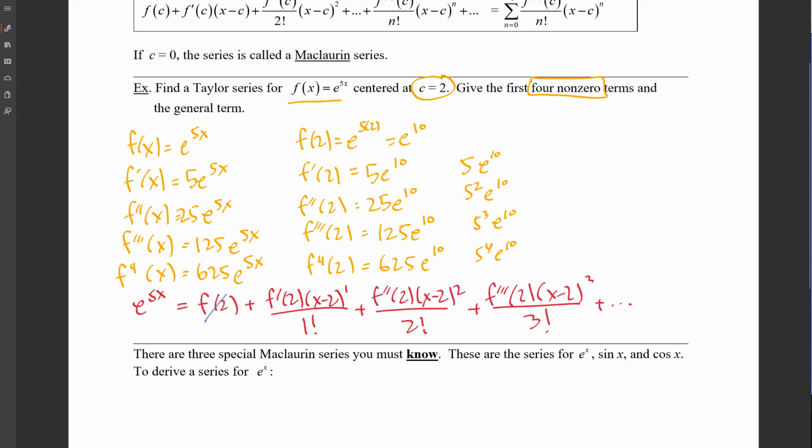So what I get for f of 2 is e to the 10. F prime of 2 is 5e to the 10. F double prime of 2 is 25e to the 10. F triple prime is 125e to the 10.